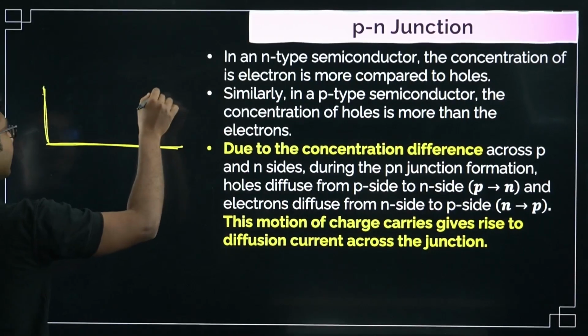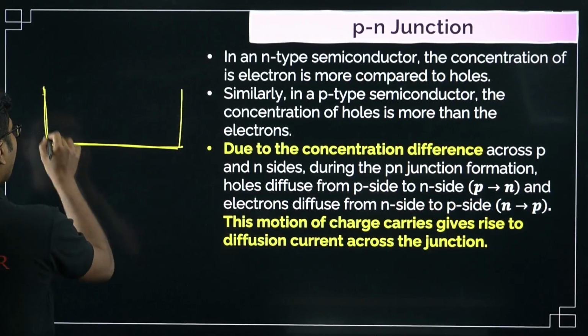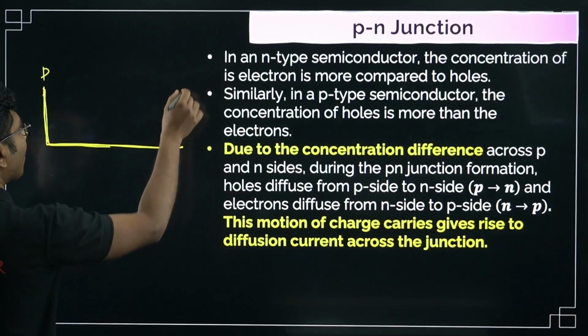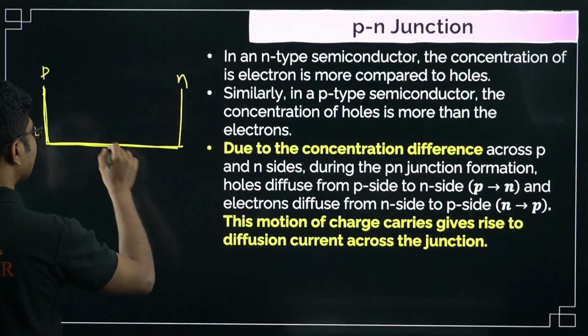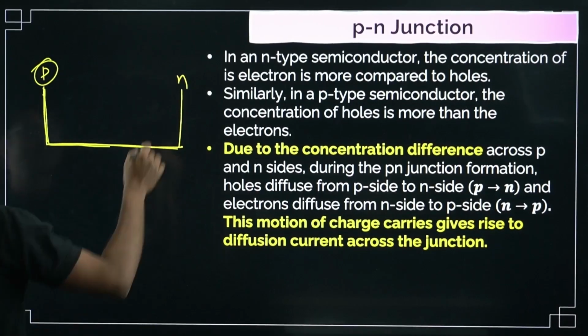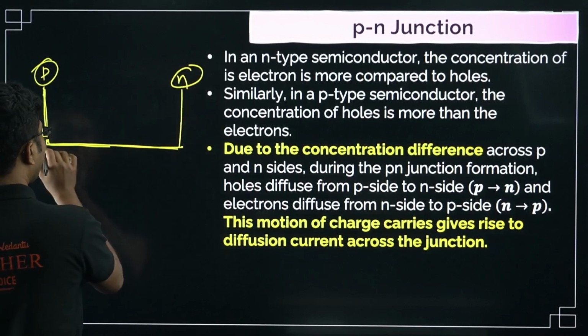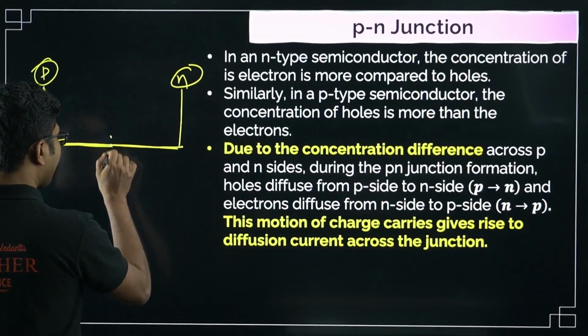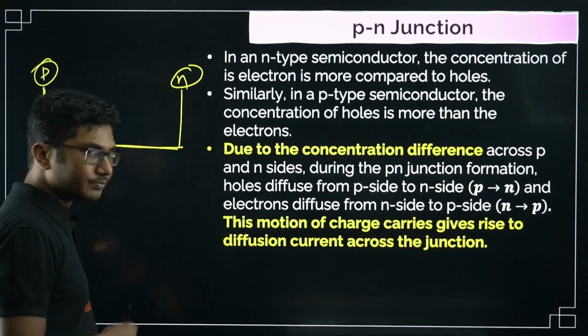From one side you start doping it with the p element, from the other side you dope it with the n element. So from this side you are doping with the trivalent, from this side you are doping with the pentavalent, and they are done precisely so that they just overlap at a very small tiny portion.